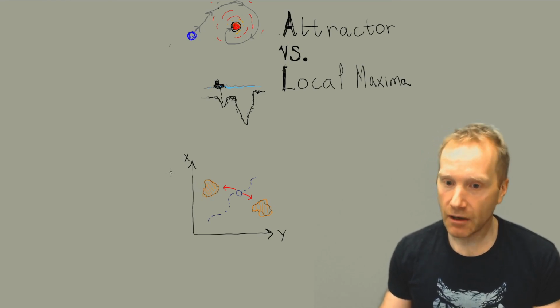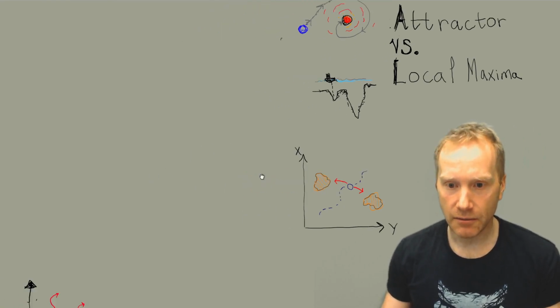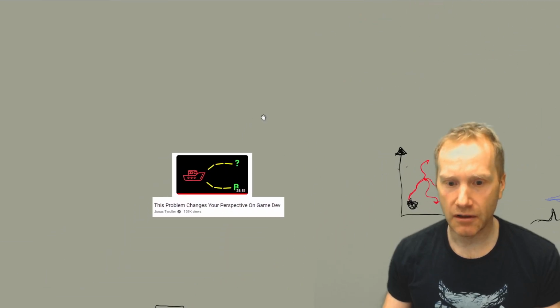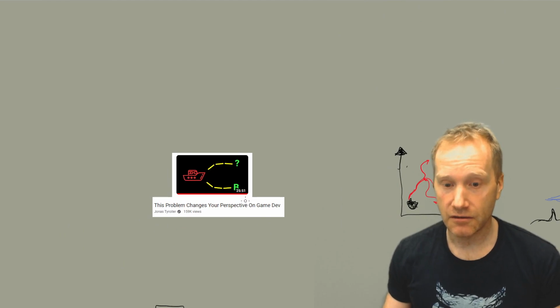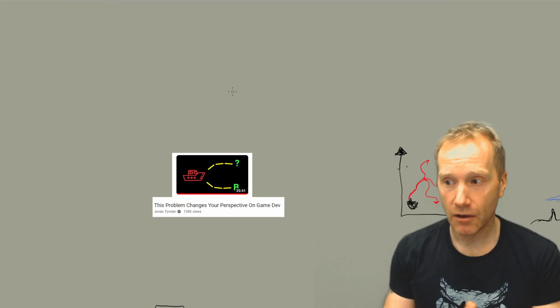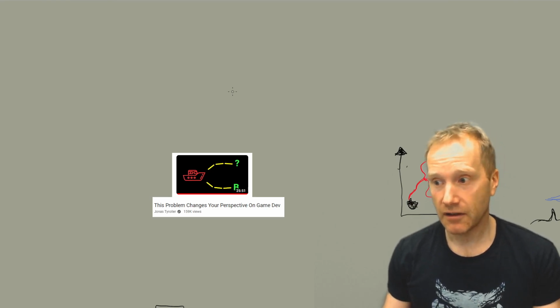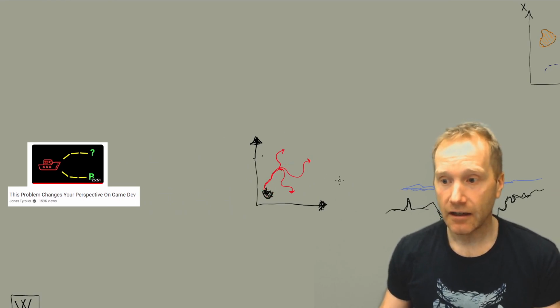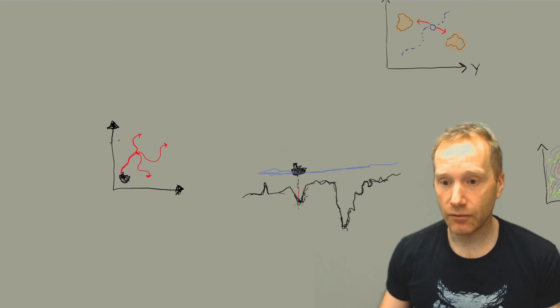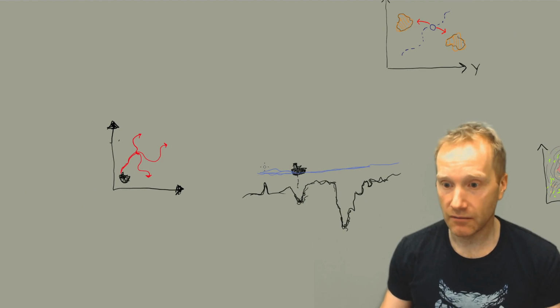Now, after making that video, I came across another recent video called This Problem Changes Your Game Development by Jonas Tyrolle. And in their video, they go over this similar concept, where instead they have an analogy of a fishing boat that goes around the search space, which is a lake, and it's looking for the lowest depth, which in this case would be the best possible game.